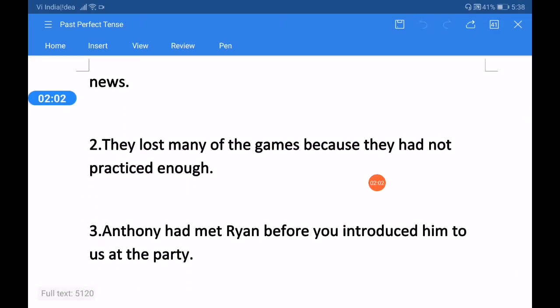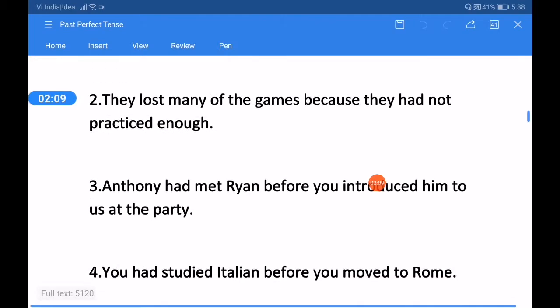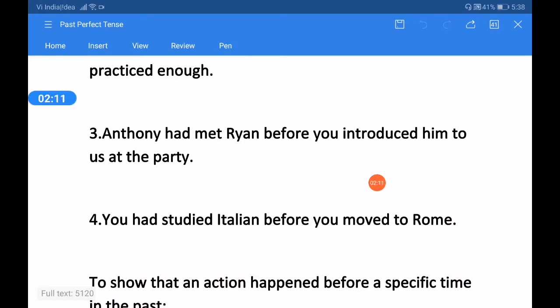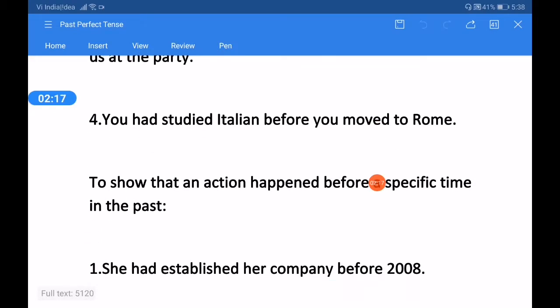Next, they lost many of the games because they had not practiced enough. Third, Anthony had met Ryan before you introduced him to us at the party. Fourth, you had studied Italian before you moved to Rome.